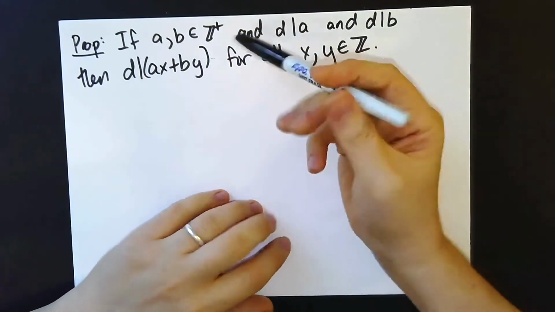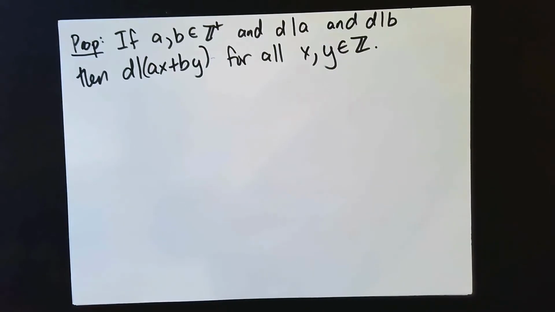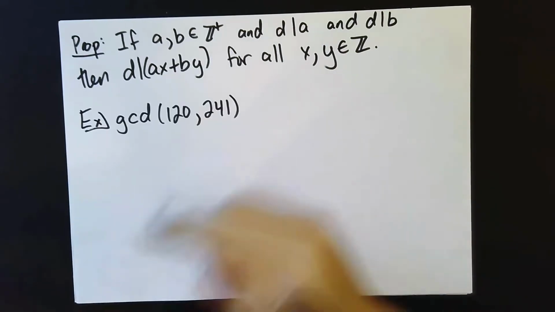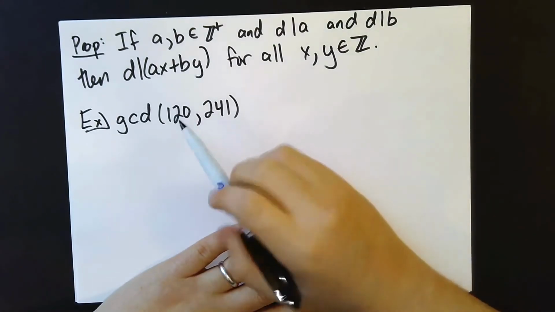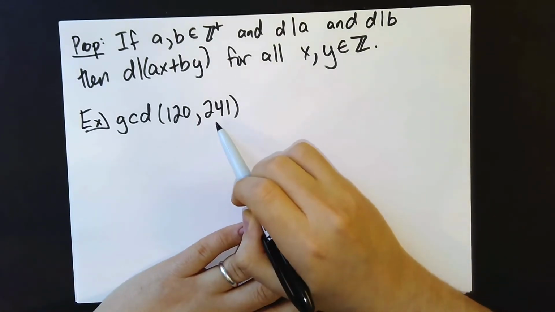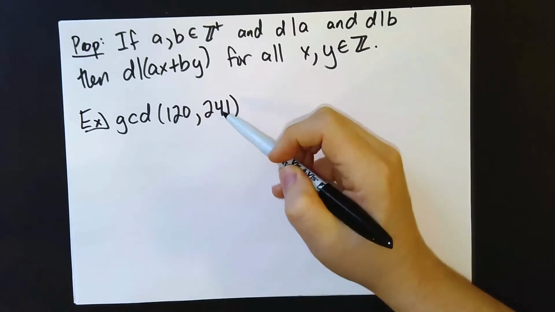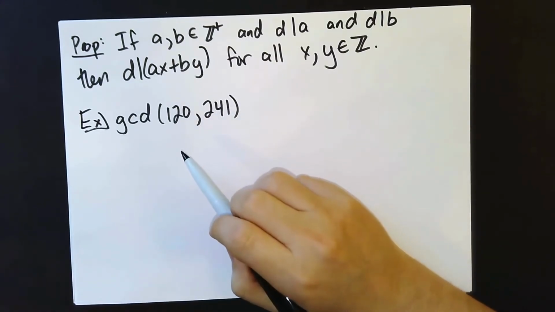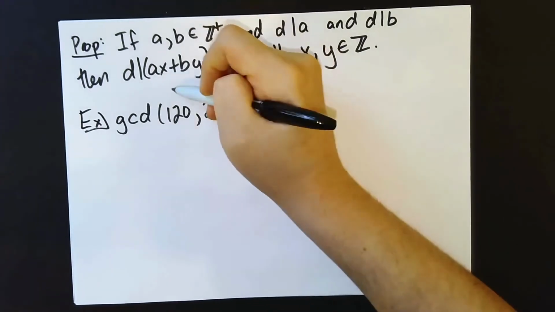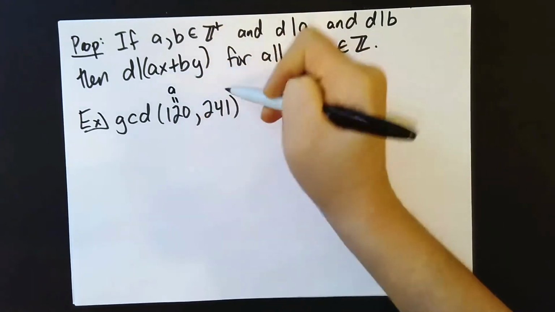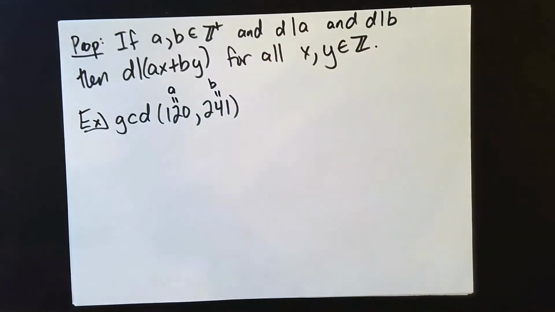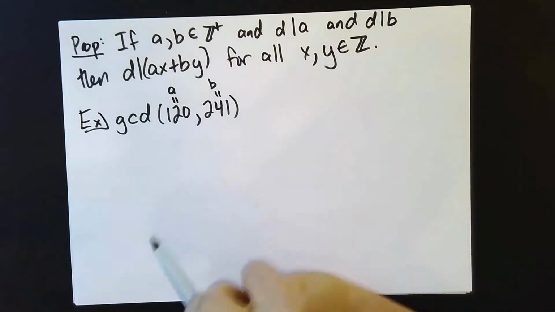So let me show you how this can potentially be useful. Namely, I want to hop back to the greatest common divisor of 120 and 241. Now, the way we did this before was to say, 241 is prime. But what we can actually do instead is to say, okay, let's suppose I have some number that actually does divide both 120 and 241.